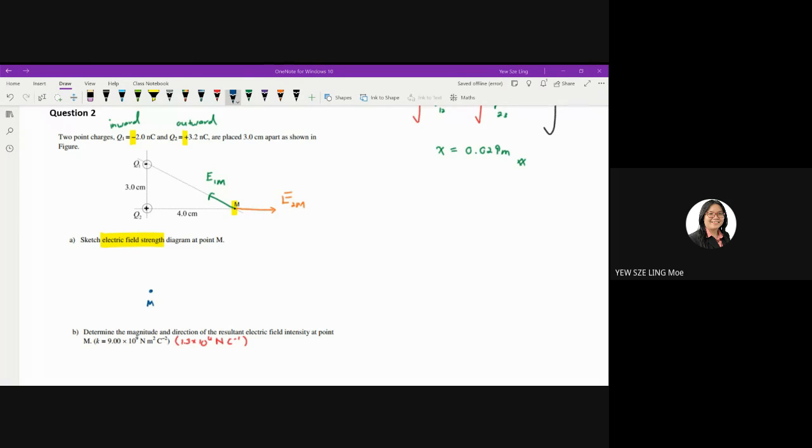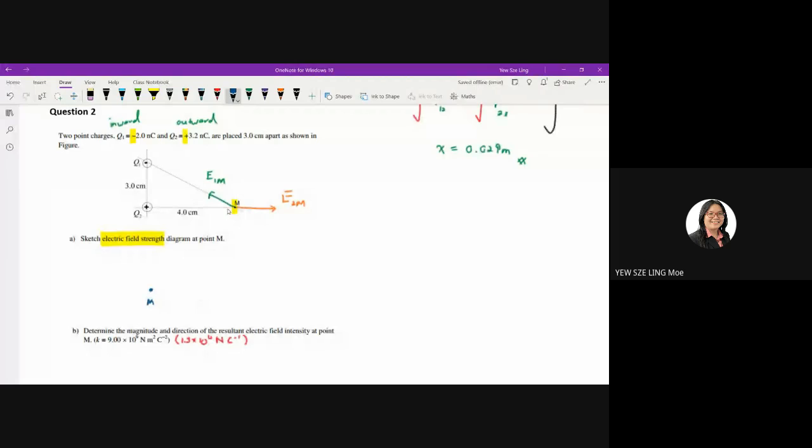But if you are given the angle, then you must show it in your diagram. So this is your theta. This would be your E2M, and then here would be your E1M. And this is the angle.